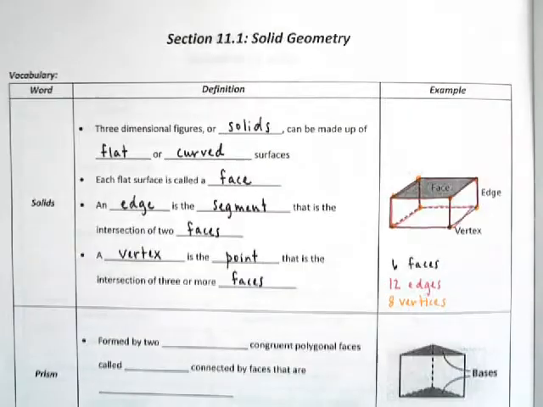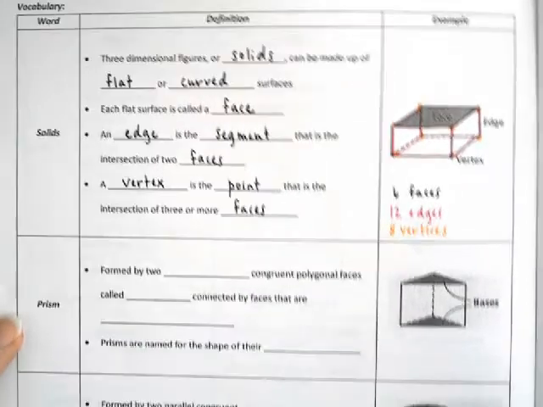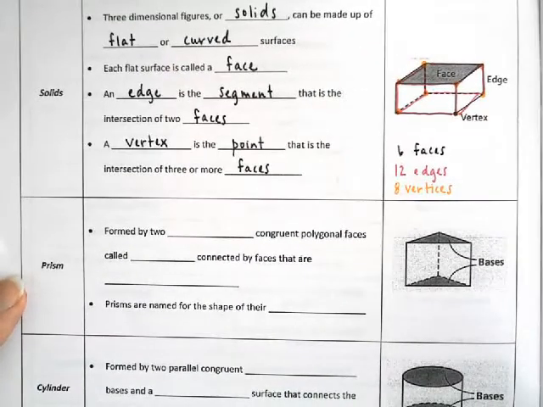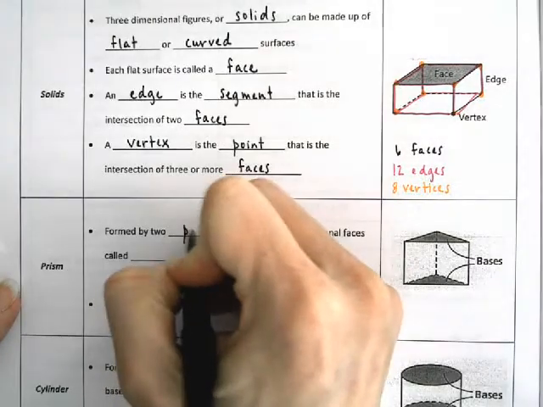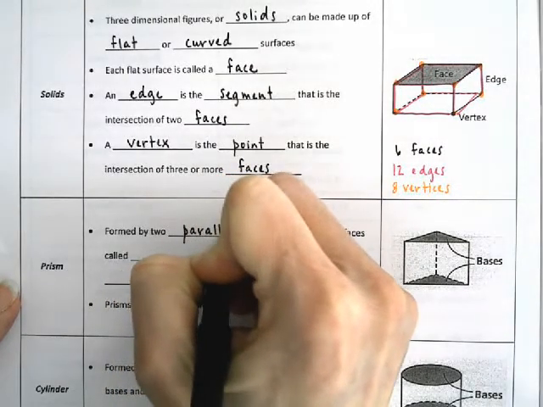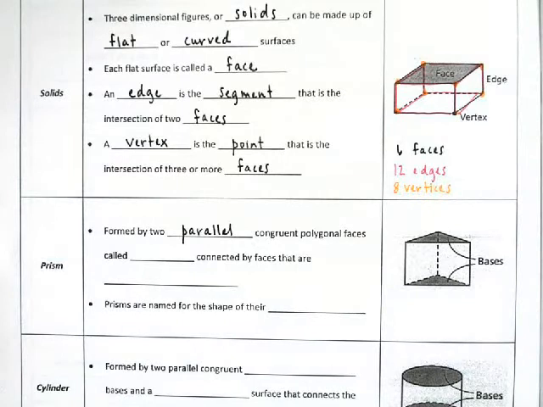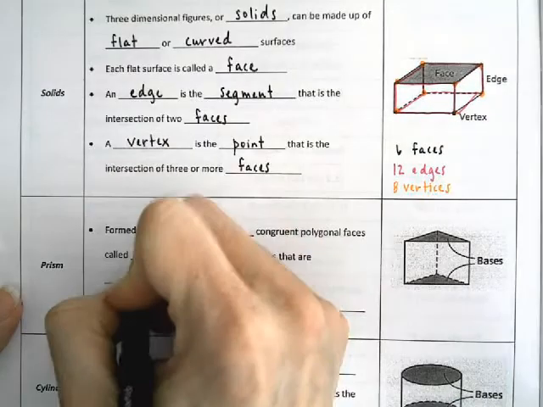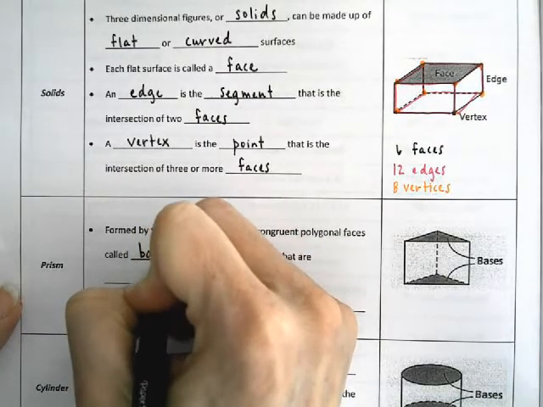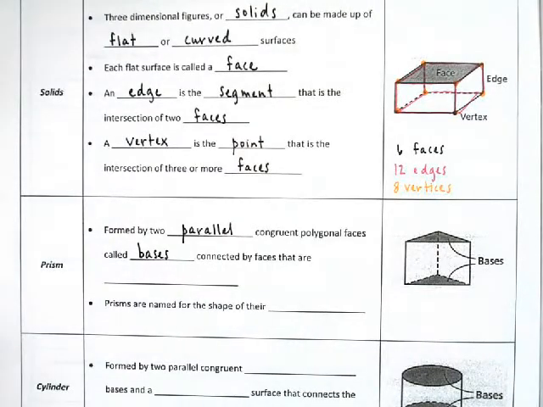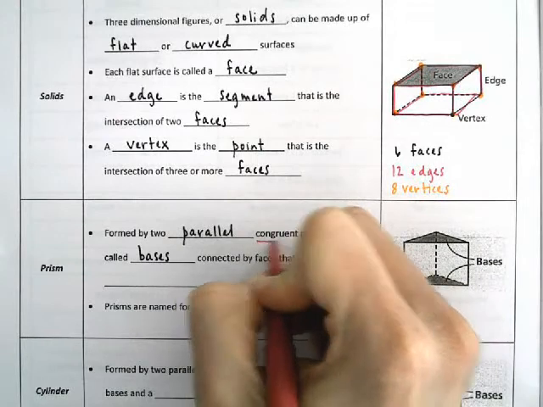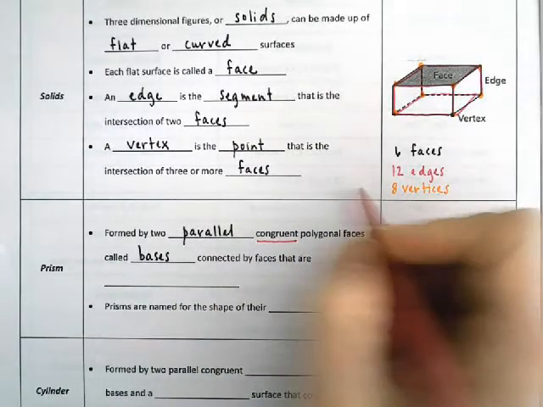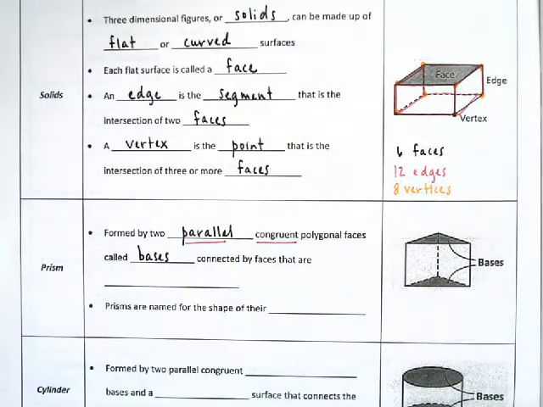Now we're going to talk about different categories of solids, and the first one are going to be our prisms. Okay, prisms are going to be formed by two parallel and congruent polygonal faces called bases. Now, the key here is that our bases are always going to be the figures that are congruent and parallel.